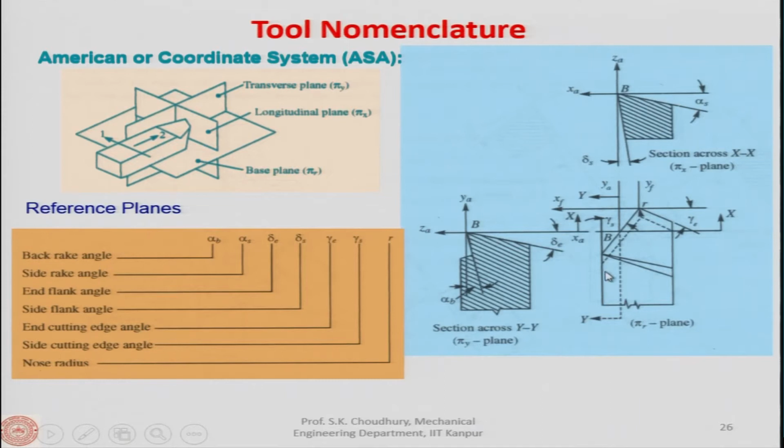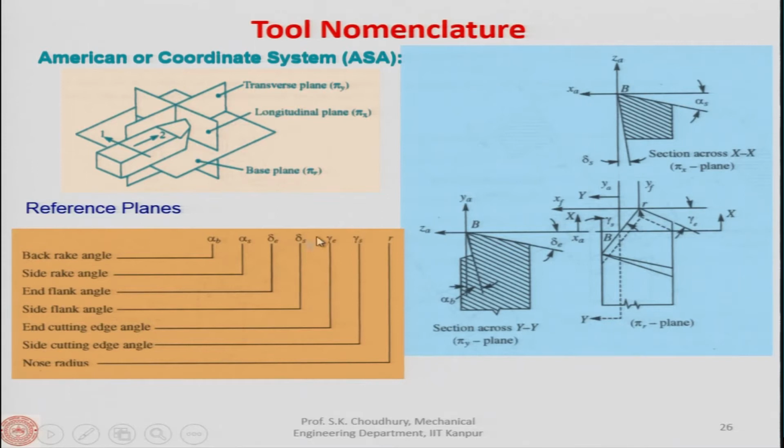This is the tool in the base plane, that is the PR plane, that is the base plane. Now, at this point B, we will take two sections. One section is XX, all right. This is along the longitudinal feed direction here, and another section, this is YY.